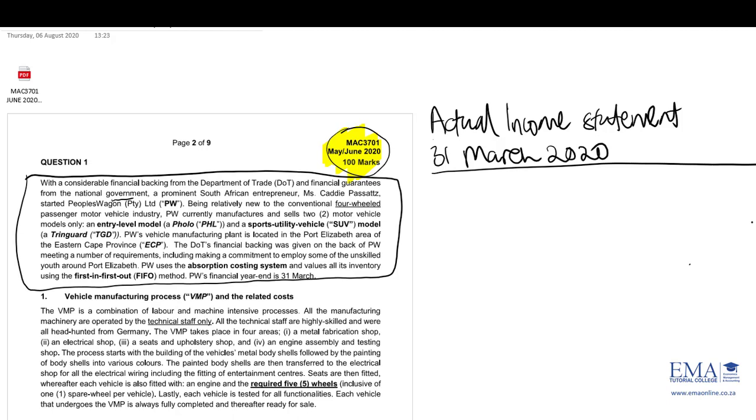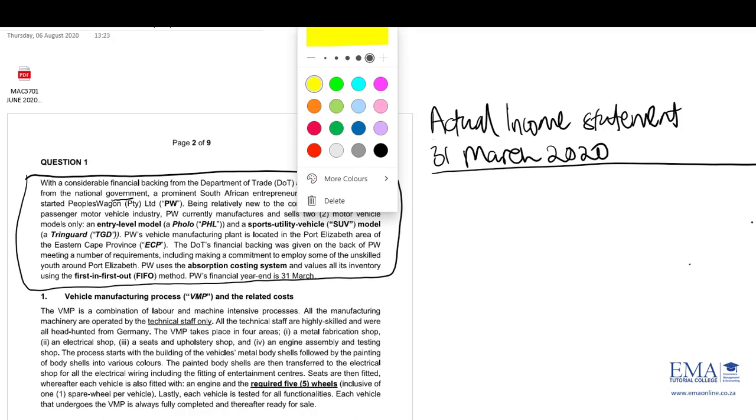PW currently, so this is important as well, four-wheeled, so they're producing four-wheeled cars. There might be somewhere in the question that you might need to relate to this information.